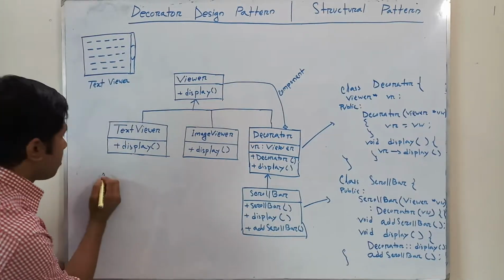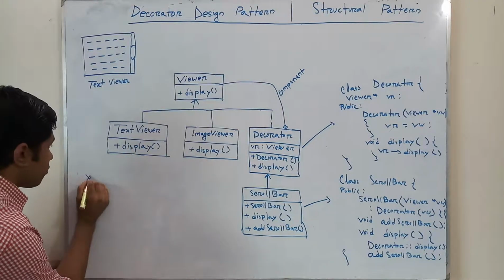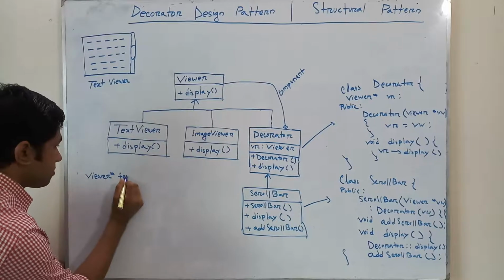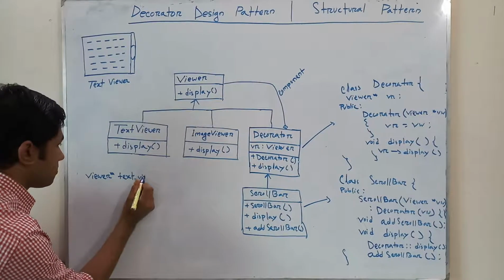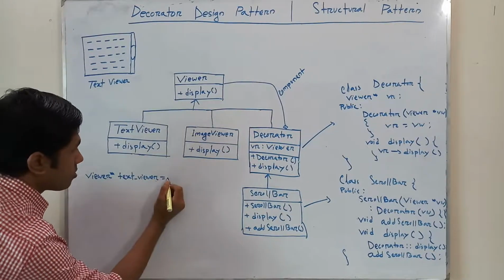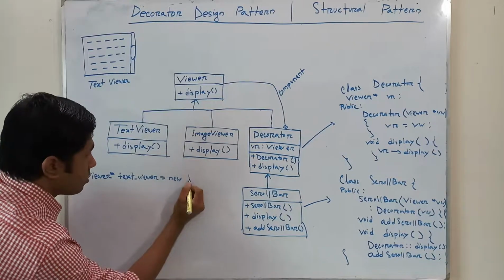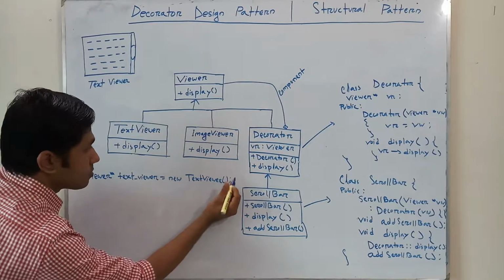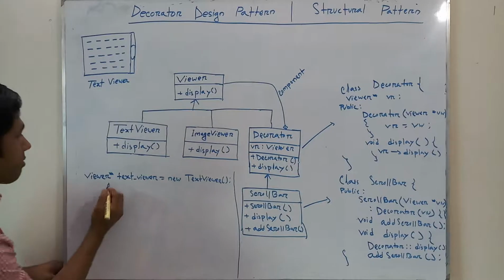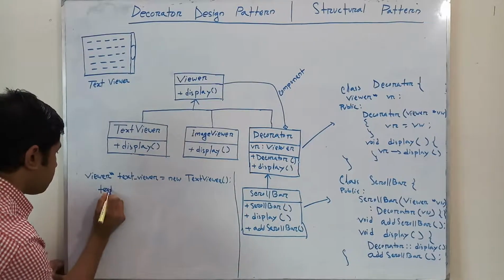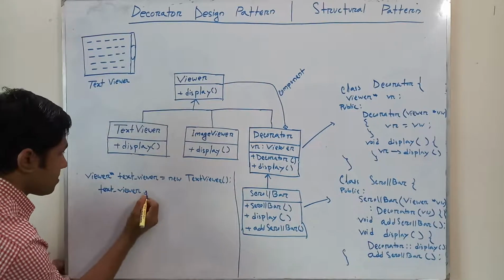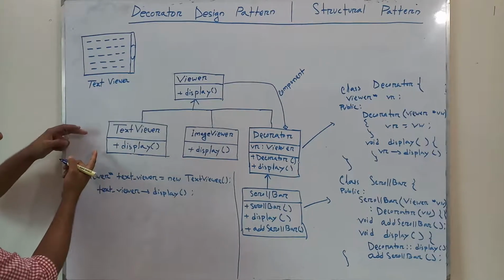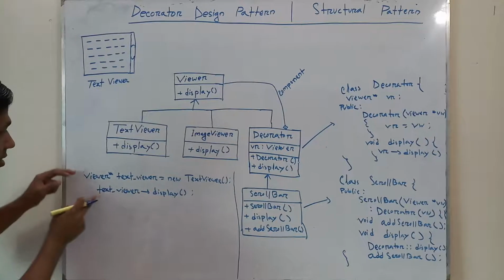Suppose the client has an existing object of a text viewer type, Viewer textViewer equals new TextViewer. If the client now calls the text viewer display function, then it will display the text viewer, and the client primarily has this text viewer object.